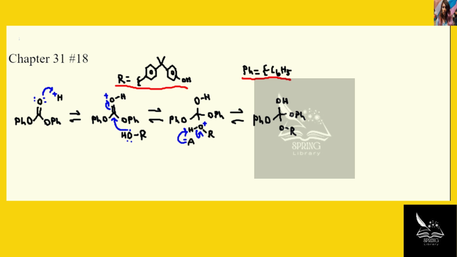From here, what will happen next is that one of these phenoxide groups will be protonated by another molecule of acid. There are lone pairs on these oxygens, and one of them can grab a proton.